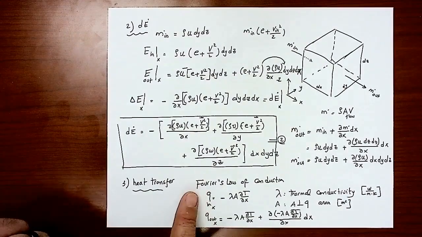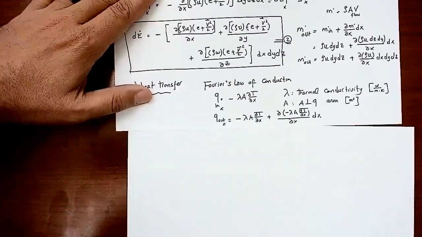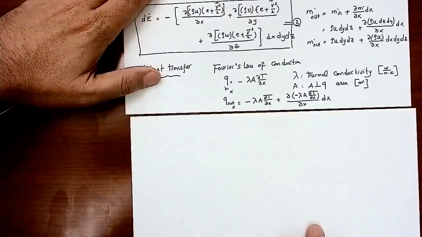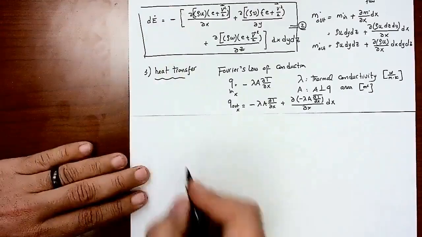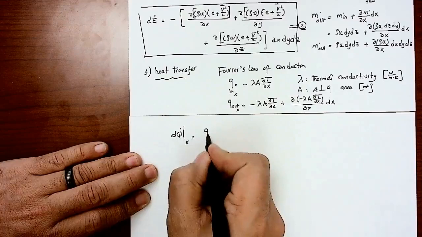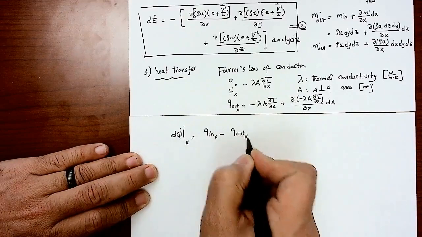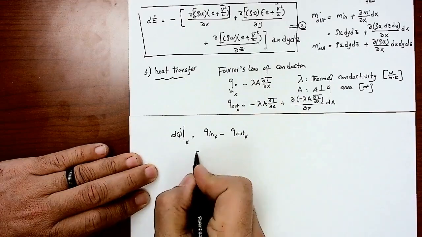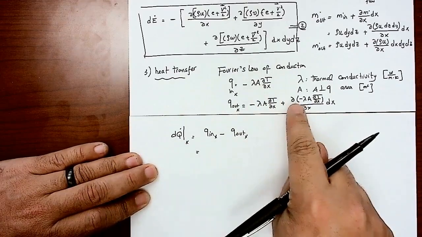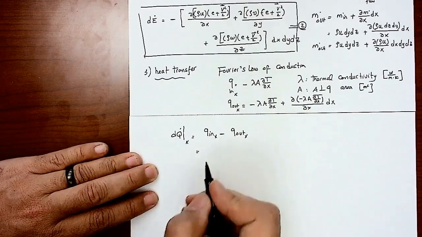So this is Q in the X, this is Q out in the X. I can get the difference in between. dq dot in the X direction will equal Q in the X direction minus Q out in the X direction. These two terms will cancel out. This negative comes out, and because I do the negative sign, it's actually going to be plus.